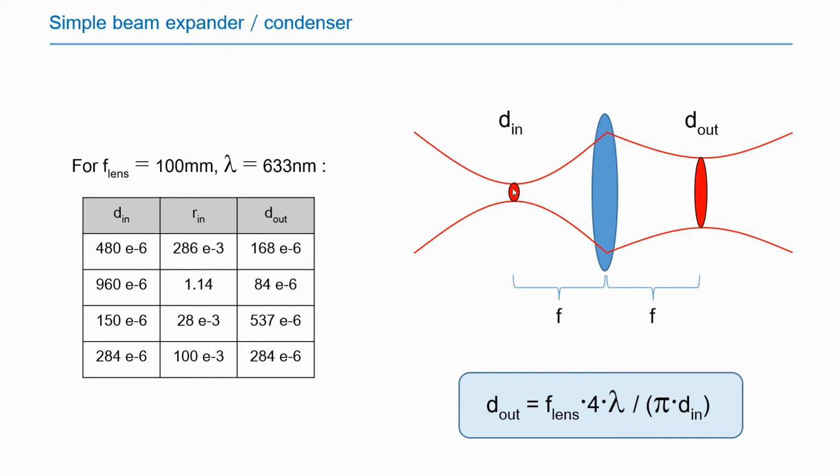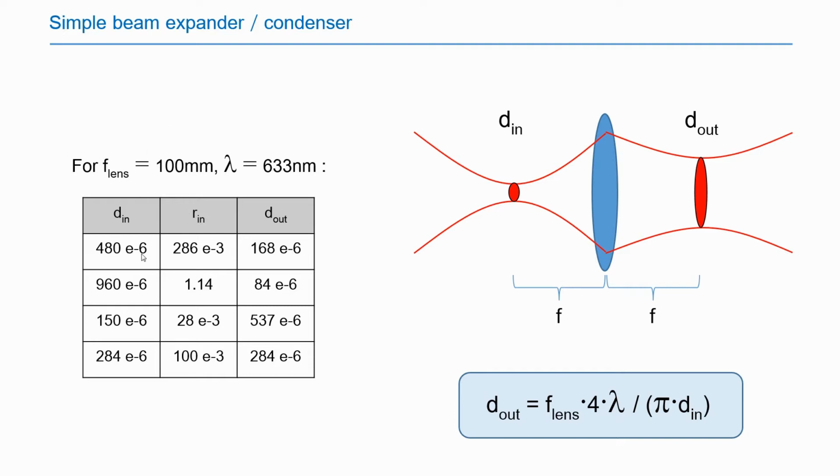And briefly, if the input beam has a Rayleigh length smaller than the focal length of the lens, then the lens will expand the beam. If the Rayleigh length of the input beam is larger than the focal length of the lens, it will condense or focus the beam. So let's take a look at a few examples just so that we get the idea here.